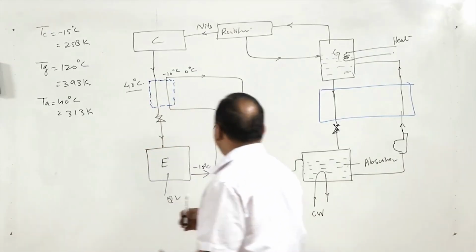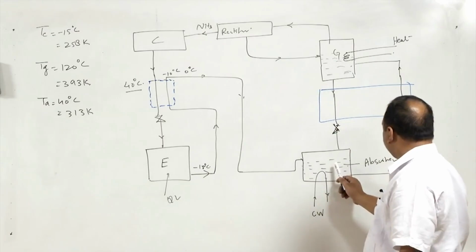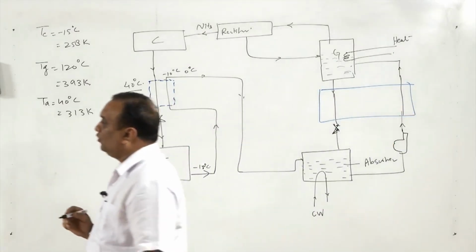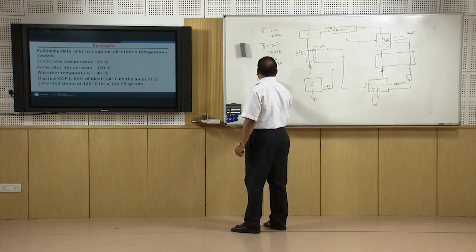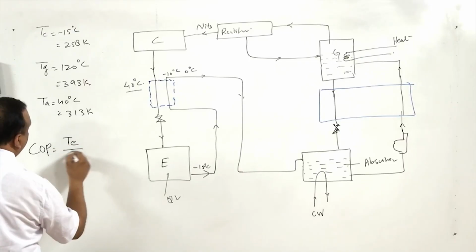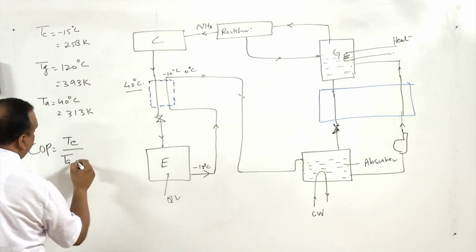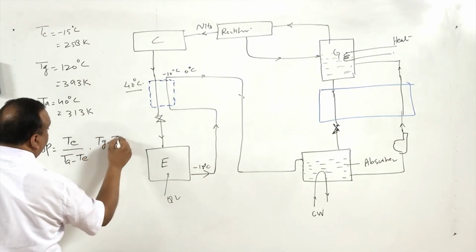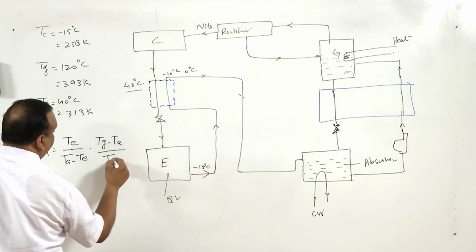And the absorber temperature is 313 Kelvin. If I want to find the COP of the system, COP will be T evaporator divided by (T absorber minus T evaporator), multiplied by (T generator minus T absorber) divided by T generator.